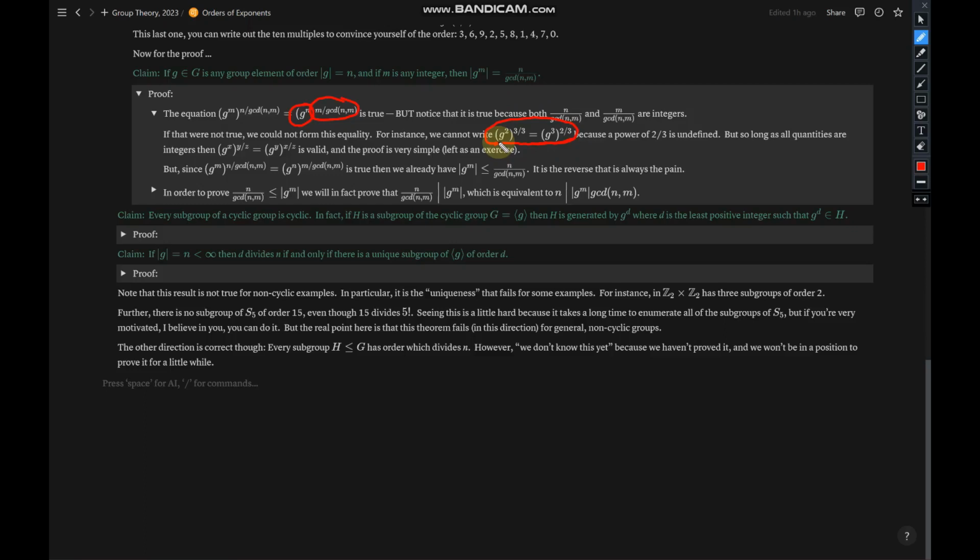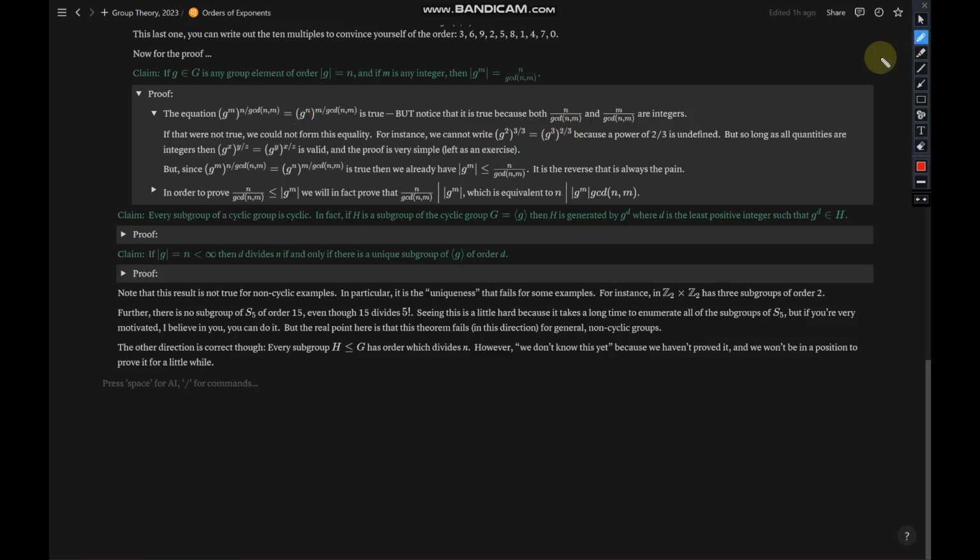This is all integers: 2 is an integer, 3 over 3 is an integer. You could put these together using the exponent laws, rearrange, regroup, and pull the 2/3 part out, and you're no longer dealing with an integer, and this is not defined. So this would be an invalid proof if we were at some risk of this kind of thing happening.